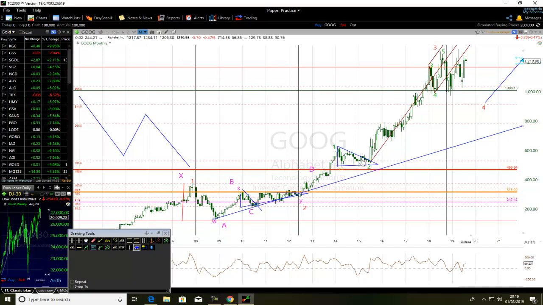Did you get that? So any subsequent higher low above the point D of the butterfly pattern is a high probability trading setup for traders.